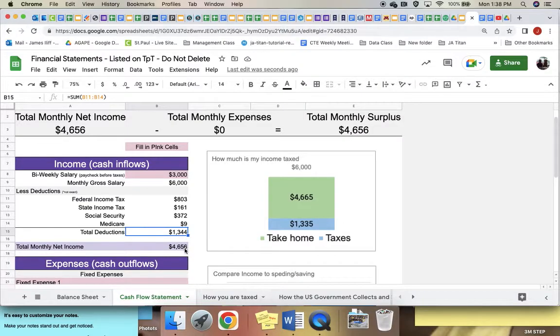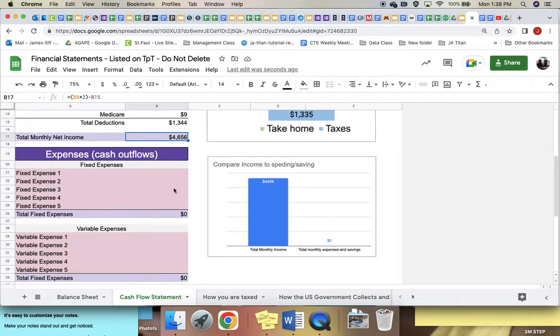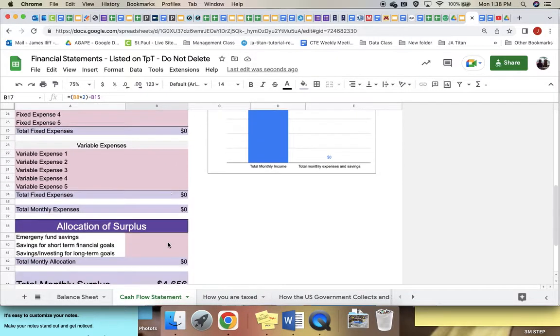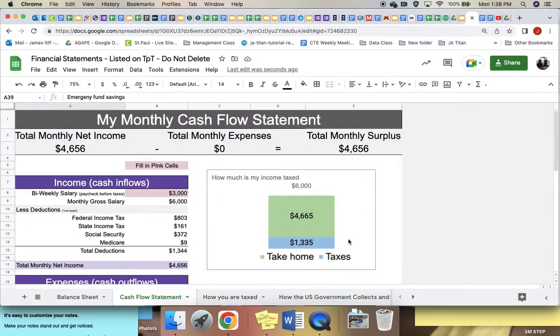And then, so now we get down to net income, so gross versus net income. They start adding in their expenses, their fixed expenses, their variable expenses, and then allocations of their surplus. So, are they saving? Are they doing any investing, etc.? And again, I have these cool charts here that show them, hey, this is my overall income, or my salary kind of, and then this is how much I'm taking home, and this is how much I'm paying to taxes.